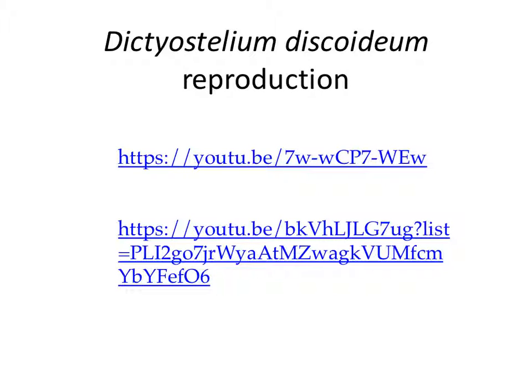So Dictyostelium is a slime mold, normally unicellular. But what happens is when food is exhausted, right, there's always an environmental cue. All of these organisms that were free-living unicellular organisms come together into a big mass. And this is one of the reasons that Dictyostelium and slime molds in general are used by a lot of evolutionary biologists, because they're a good model system for understanding how multicellularity might have evolved.